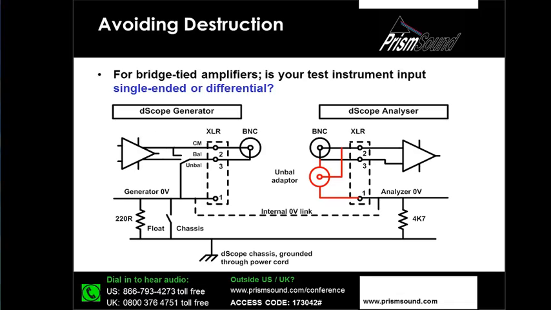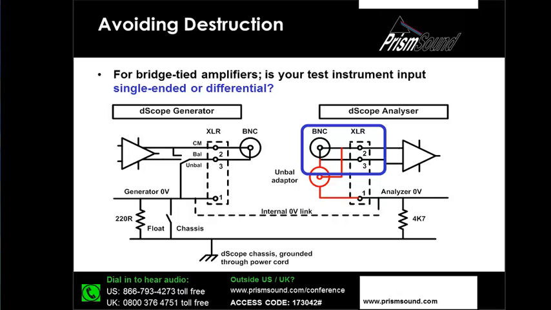In the case of the system we're looking at today, the D-Scope Series 3 measurement system, well, this has the facility to allow you to connect a bridge-tied load type device directly to the BNC input terminals at the analyzer. The reason being that what might appear to be a single-ended input, the BNC, is actually connected between pins 2 and 3 of our differential XLR input.